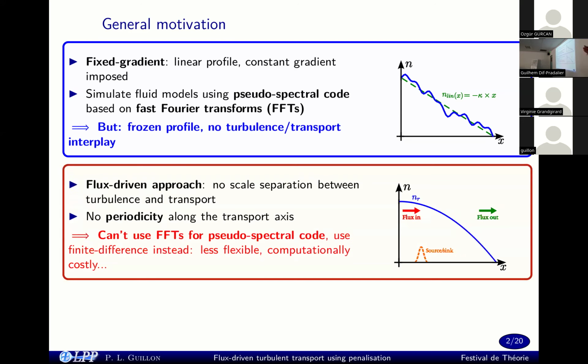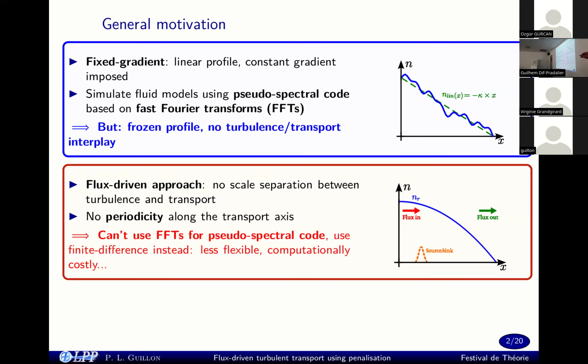If we want to recover this interplay between turbulence and transport, we need to go to flux-driven models where we don't assume any scale separation between turbulence and transport. In these models, we clearly can't assume that the perturbations are periodic along the transport axis. So for fluid models, we can't use a pseudo-spectral method based on fast Fourier transforms.